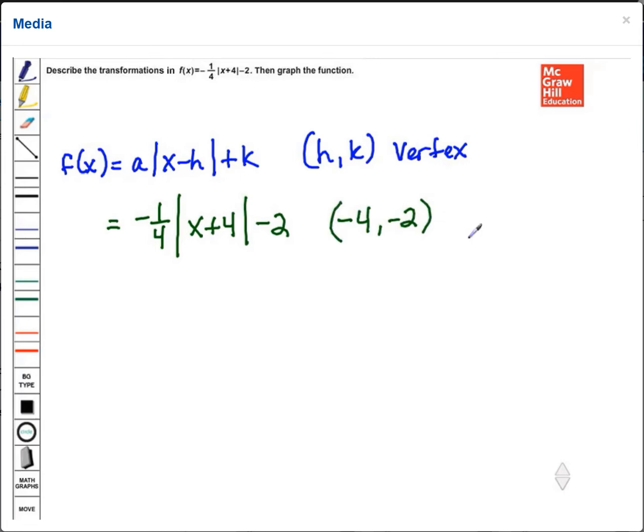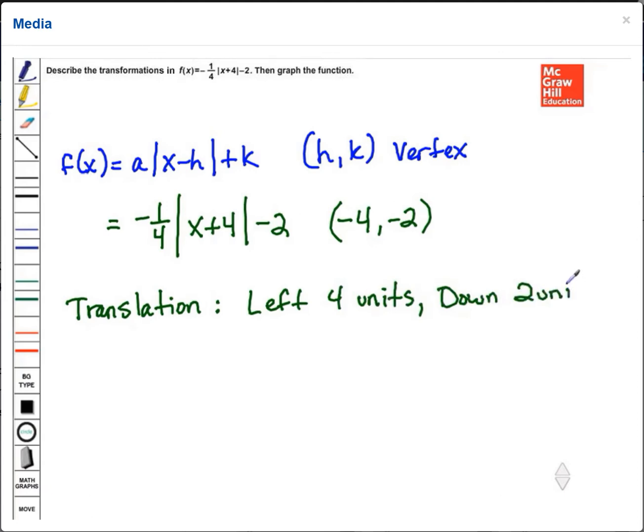Because the center is negative 4, negative 2, we can say that we have a translation which is left 4 units and down 2 units, because the parent function absolute value of x has a center at 0, 0.